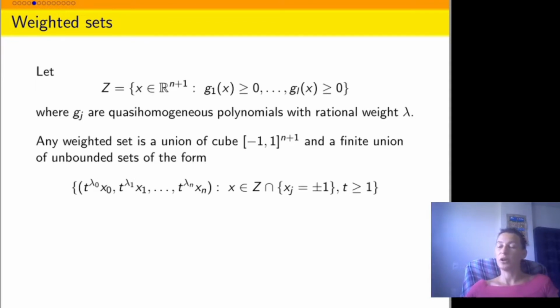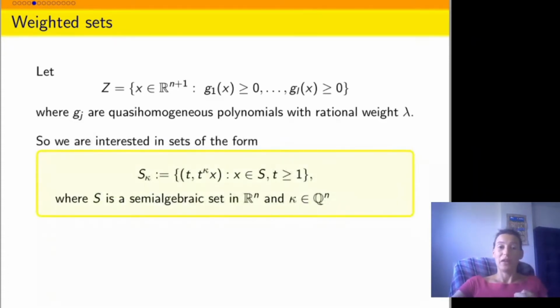One can always represent it in a union of sets of such form. The union doesn't have to be disjoint, but nevertheless it's the union. So in fact, it makes sense that we're looking only at the sets of the form t to the kappa times x, where x belongs to S and S is a lesser dimensional set and t is bigger or equal 1.